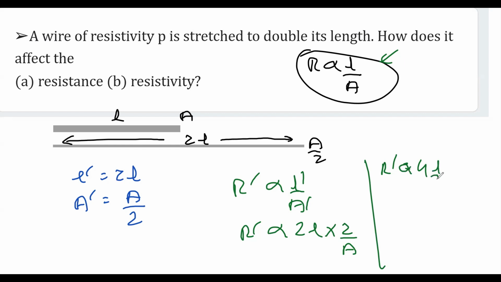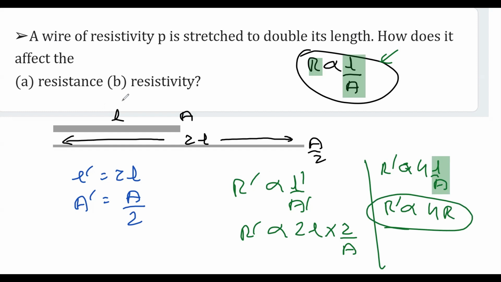Now check here, this is R. So R dash will be 4 times the original wire's resistance. So we can now say the resistance will become 4 times.